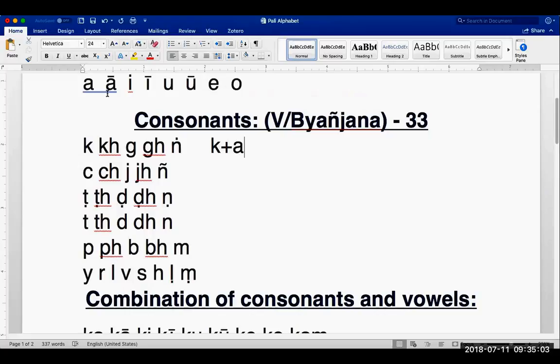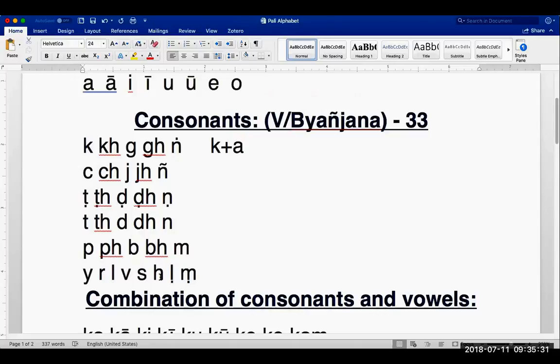If you keep your finger on your throat, you can feel it as you pronounce these few letters: a, ka, k, ga, g, ng, and there's another one right here, h.